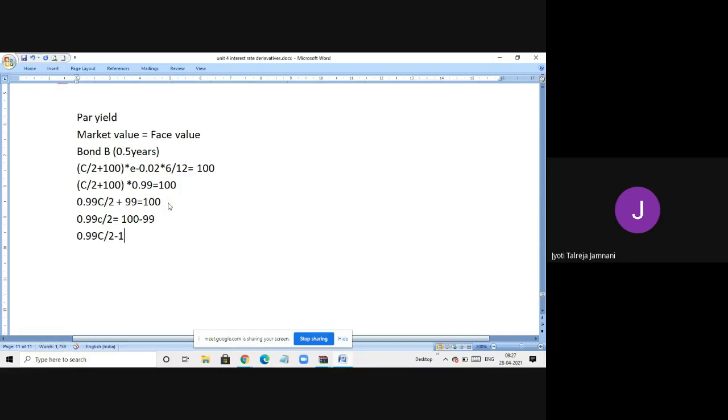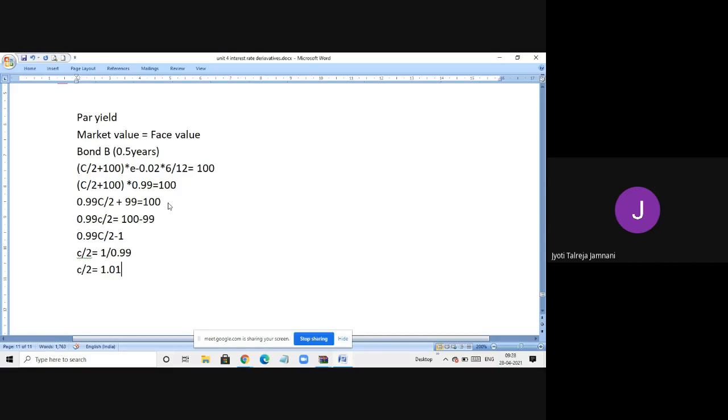If we get that 0.99 this side, it becomes C by 2 is equal to 1 divided by 0.99, which is 1.01. So C by 2 is equal to 1.01.